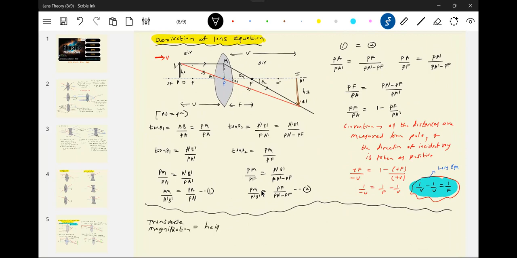Transverse magnification is defined as height of image by height of object. The height of the image will be A dash B dash, and the height of the object will be AB.